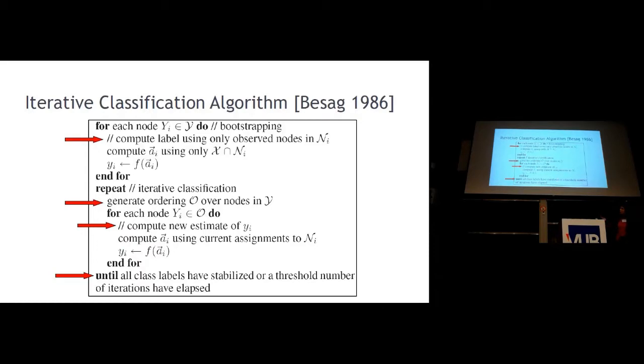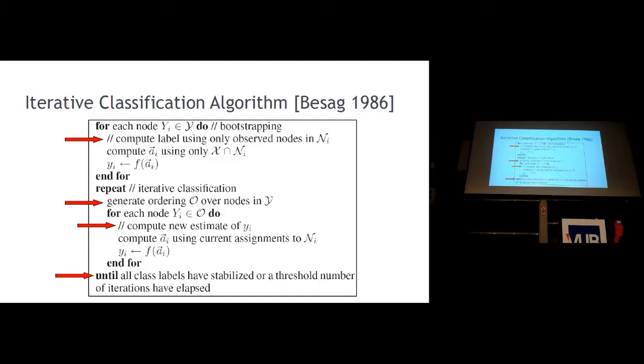So every iteration I'm going to come up with a new ordering, and then for each of the unlabeled nodes in the ordering, I'm going to compute a new estimate. This new estimate is going to be based on the neighbors that actually have a label and the neighbors that now got labels because I'm doing this iteration. So I have a neighbor that didn't have a label, now it did get a label, and I'm going to use that to estimate what mine is. And I'm going to repeat this.